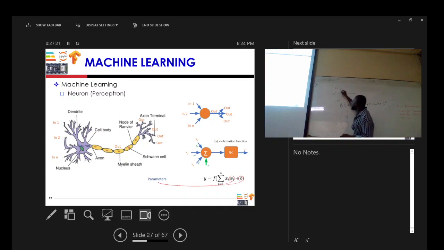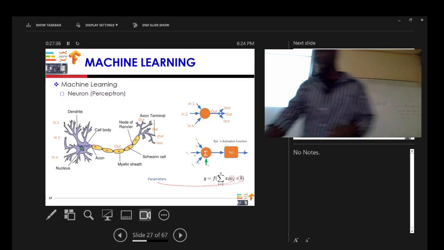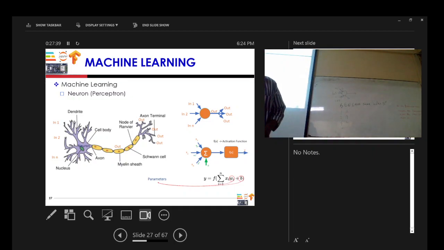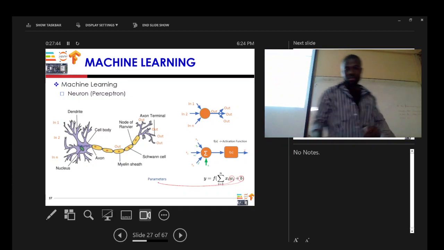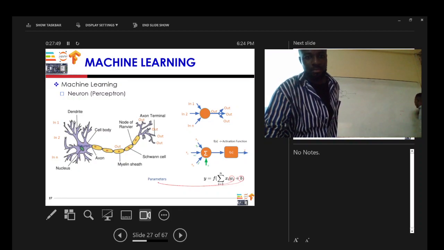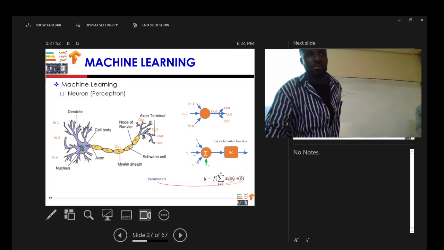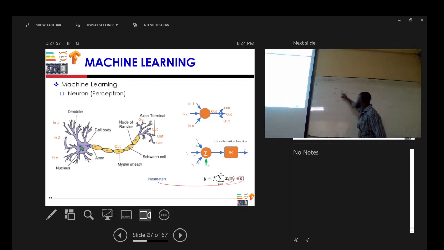And then we have another parameter called the bias, B. So we have the weights, and then we have the bias.